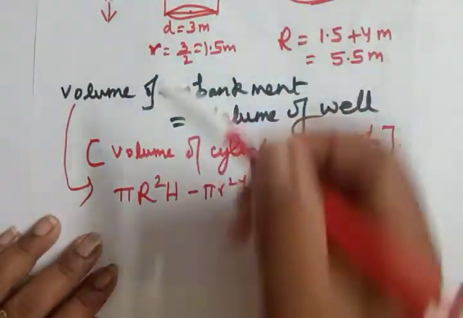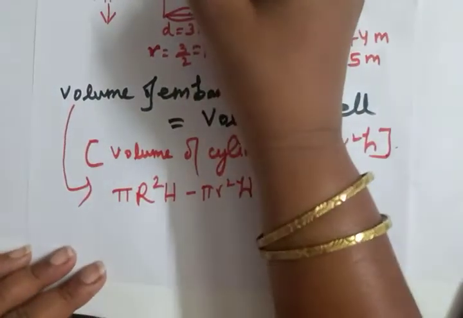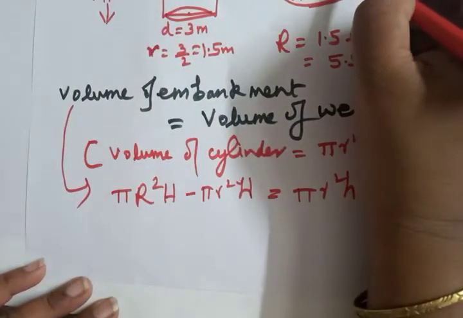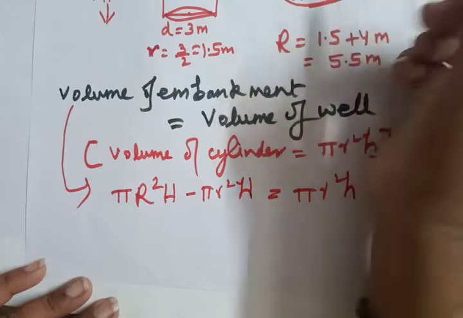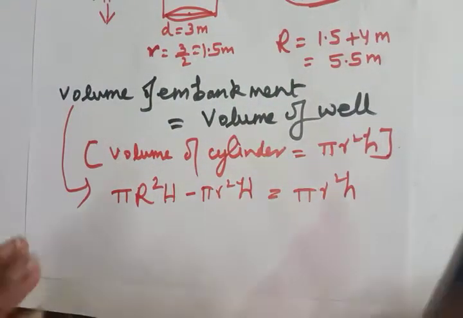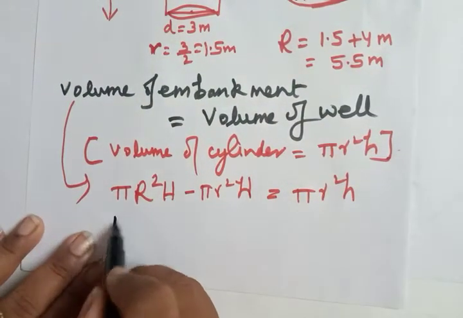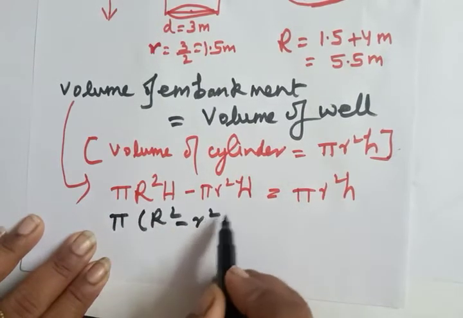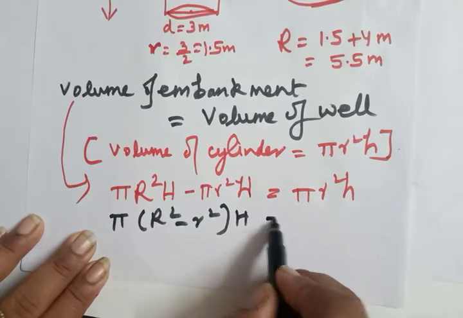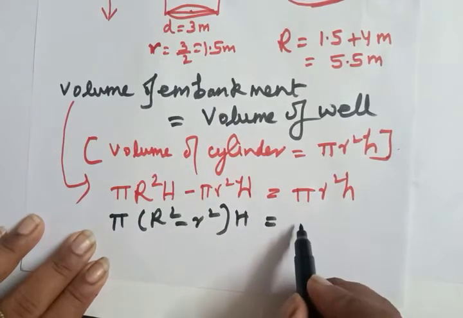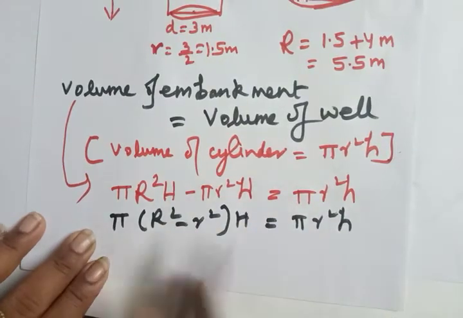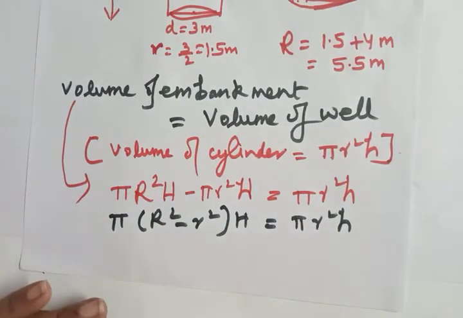We need to find out this cylinder portion. So pi (R square minus r square) H is equal to pi r square h. See, this complete equation is of the 1.5 mark.